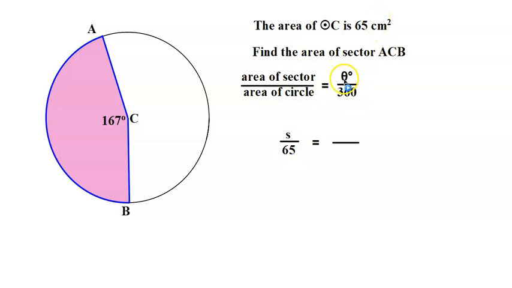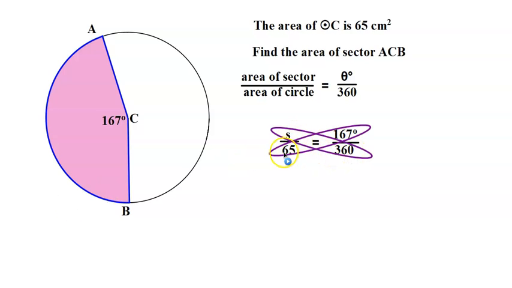That is going to be equal to the degrees of the sector over the entire degrees of the circle, 360. The degrees of the sector is right here, 167 degrees, so we have 167 over 360. Then we solve the proportion with cross products, the little butterfly method.